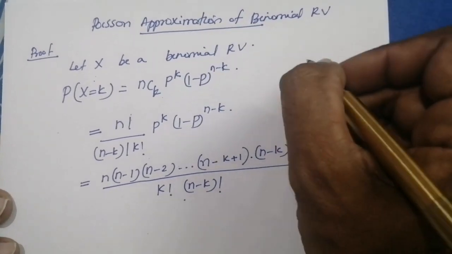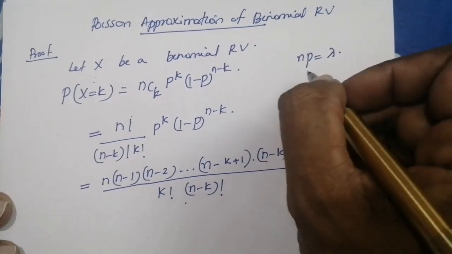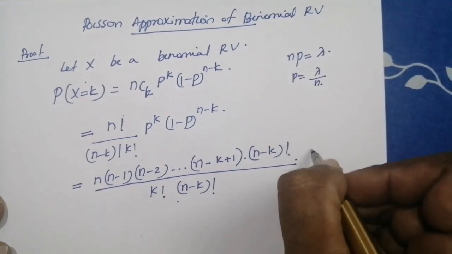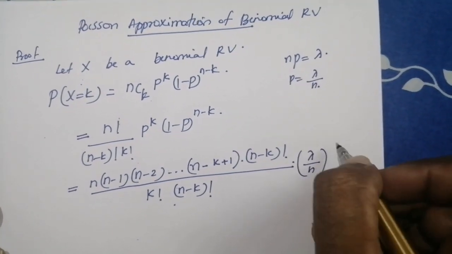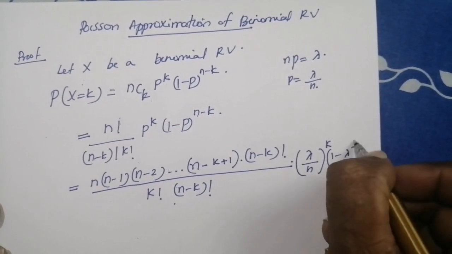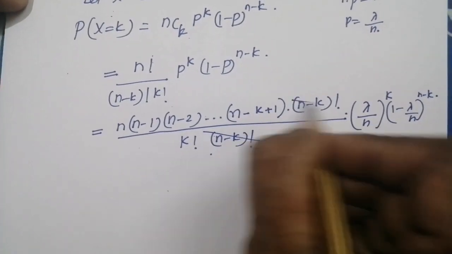We know that np equals lambda, so p can be written as lambda by n. So we have lambda by n the whole raised to k, 1 minus lambda by n the whole raised to n minus k. Now the n minus k factorial cancels.